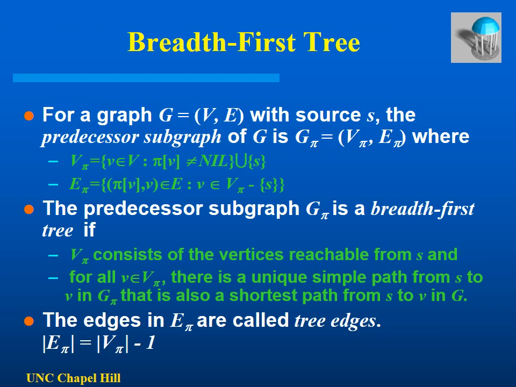So putting this in notation, we have a graph G consisting of a list of vertices and a list of vertex-to-vertex connections.